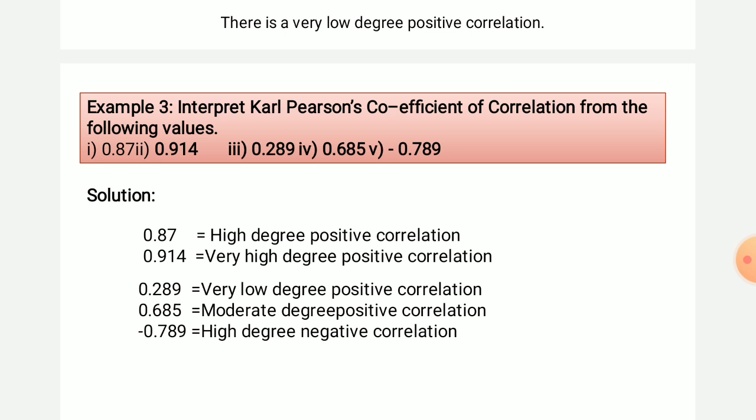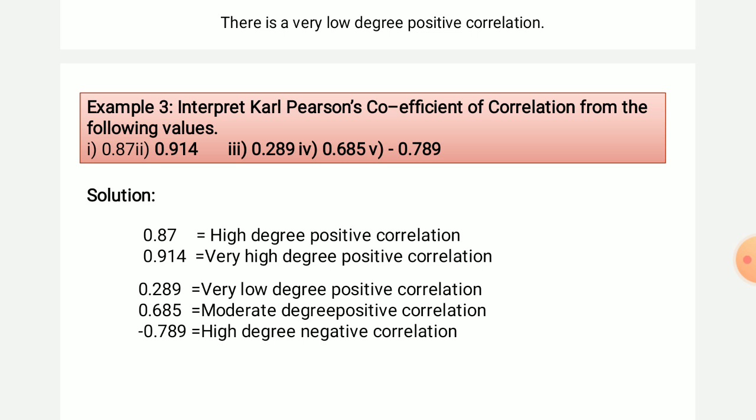So 0.87 means high degree correlation. When the value lies between 0.75 and 0.90, we call it high degree correlation. There is no sign, so it is plus, hence high degree positive correlation.